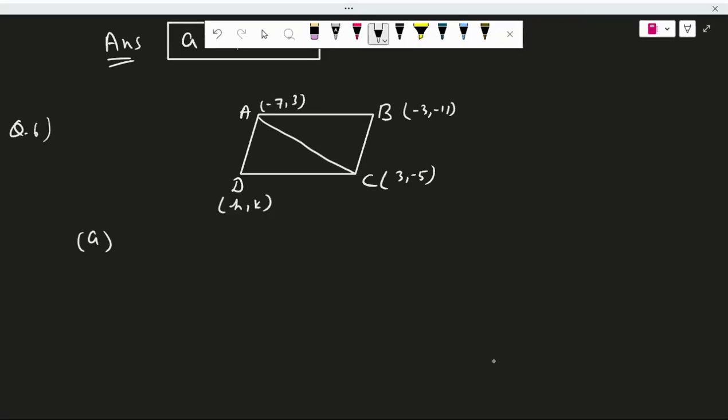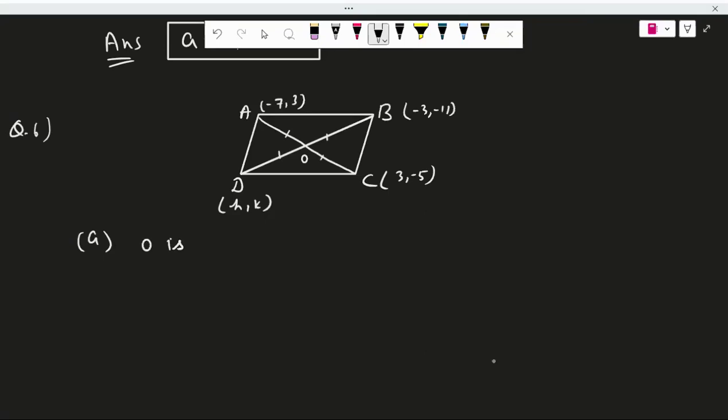What will be the point of intersection of AC and BD? AC and BD are the diagonals of the parallelogram, so they will bisect each other. Bisect means BO equals DO and AO equals CO. So O is the midpoint of AC.